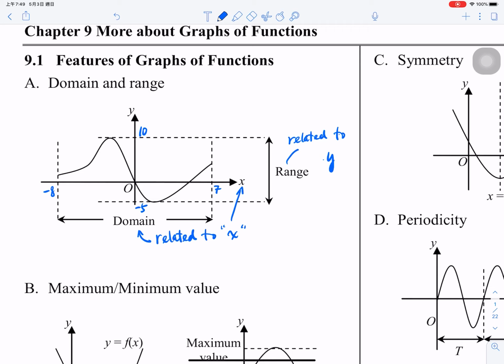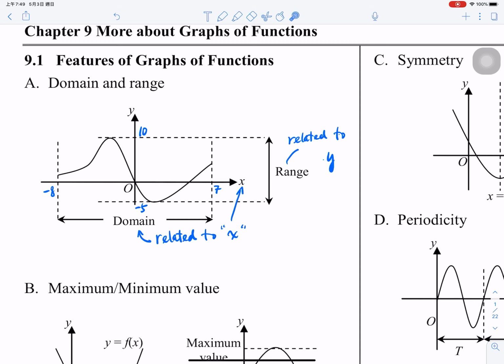So domain is related to x. You have to look at x-axis to see whether have the points which cannot be found from the function or not. About the range, you can have a look at what is the maximum and the minimum values of y.